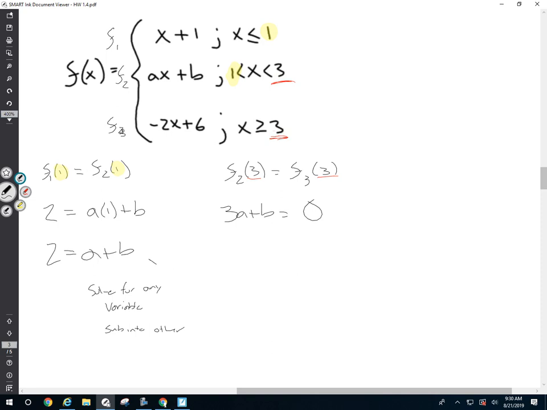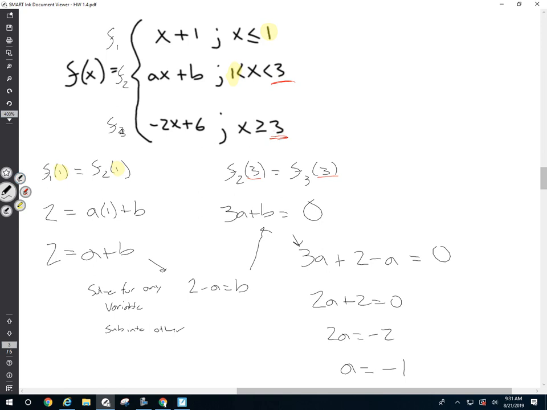This I can turn into 2 minus a equals b. I'll take that, plug it in here. I get 3a plus 2 minus a equals 0. That's 2a plus 2 equals 0. 2a equals negative 2. A's got to equal negative 1.